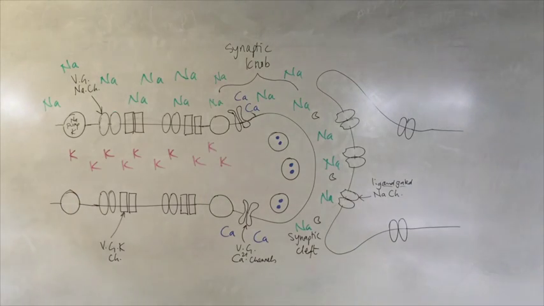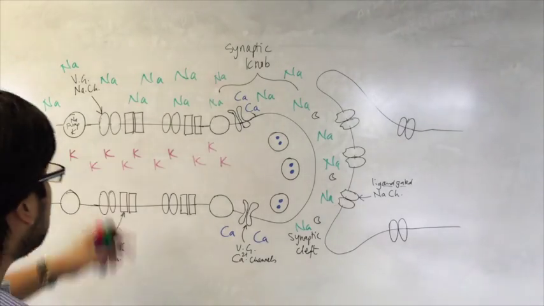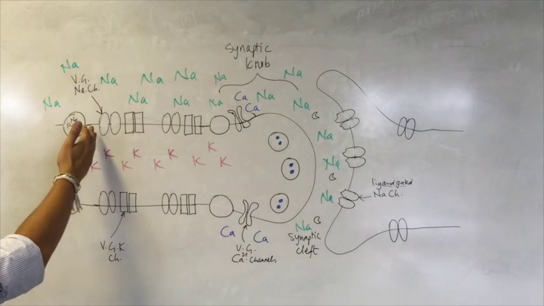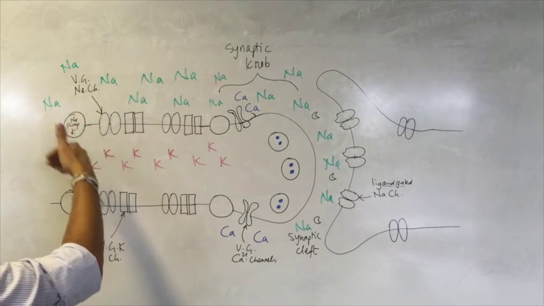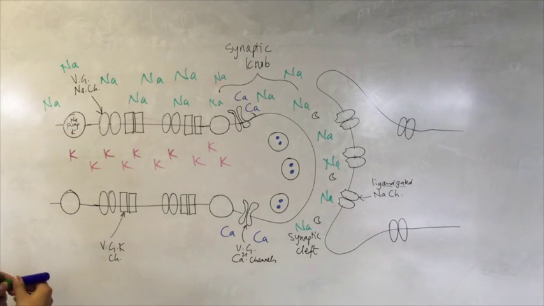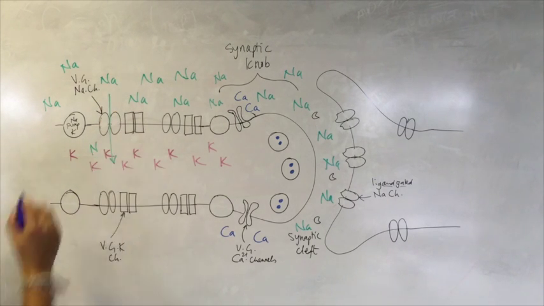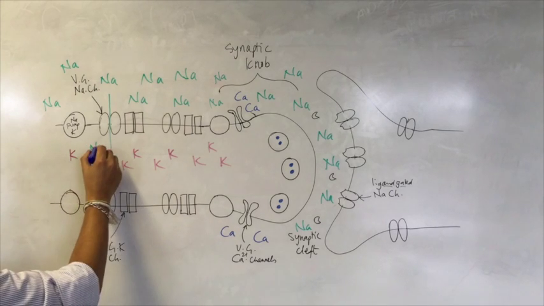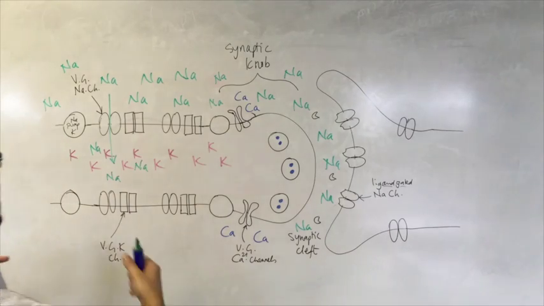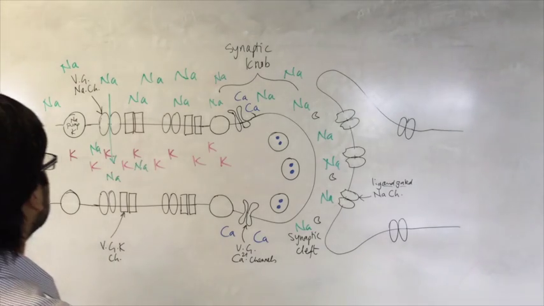So, action potential arrives. We have a depolarization here. This is going to be a bit of a recap for you. The depolarization causes voltage-gated sodium channels to open. Sodium comes in. Eventually, when you reach the action potential in this region, the potassium will go out.